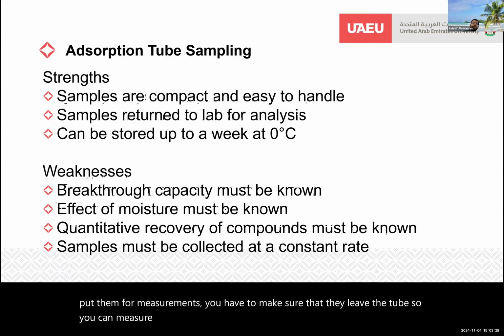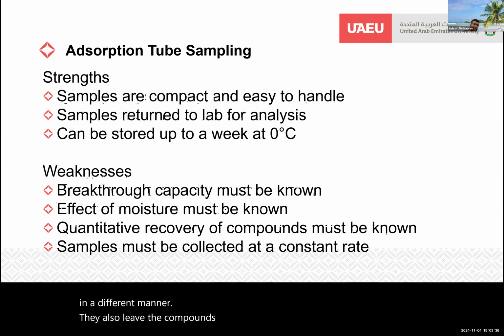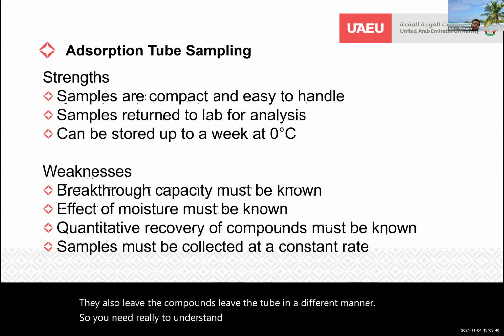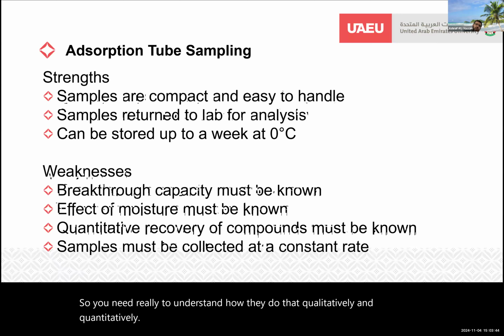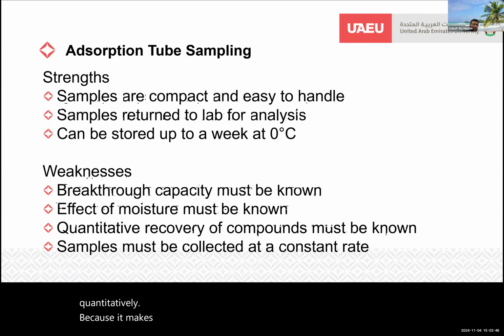Compounds get to the tube in different manners, and they also leave the tube in different manners. So you really need to understand how they do that, qualitatively and quantitatively, because it makes a very big difference. Samples must be collected at a constant rate.